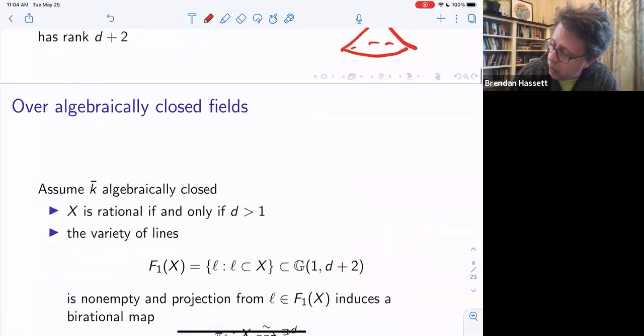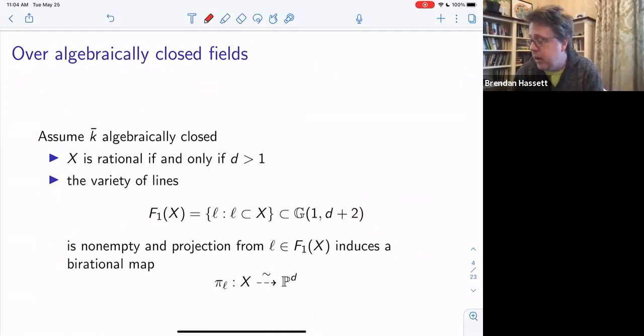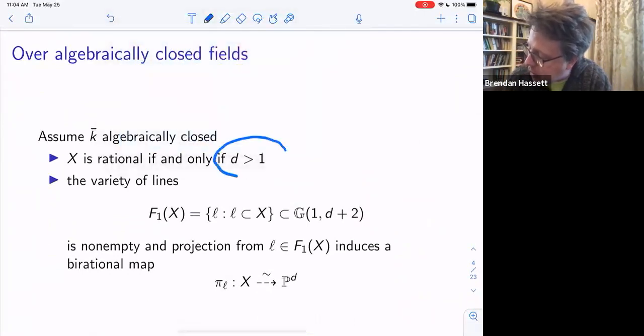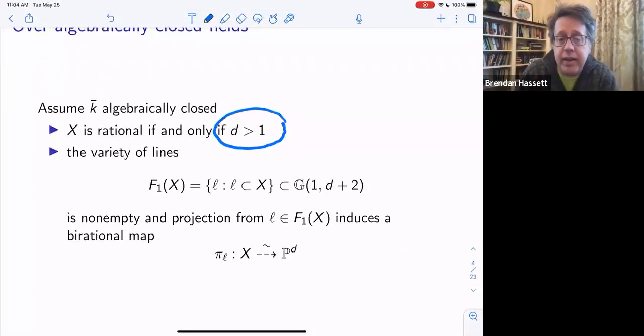So let me just review some results over algebraically closed fields. I think many of you know this already. And so the basic construction is, if I have an algebraically closed field, and if the dimension is at least 1, then the variety of lines in the Grassmannian actually contained in X is non-empty.